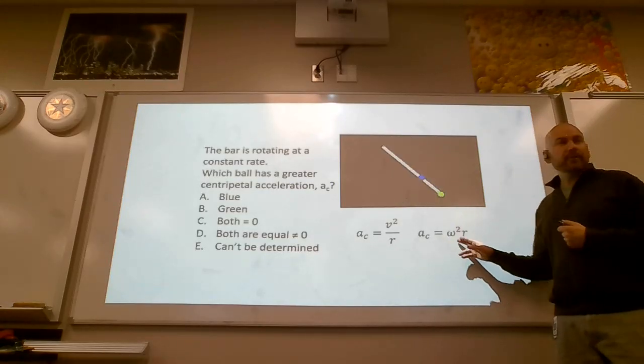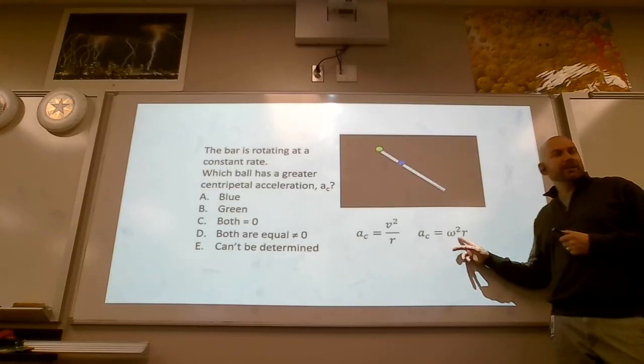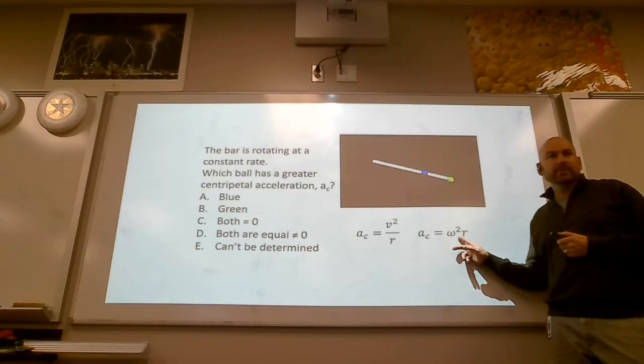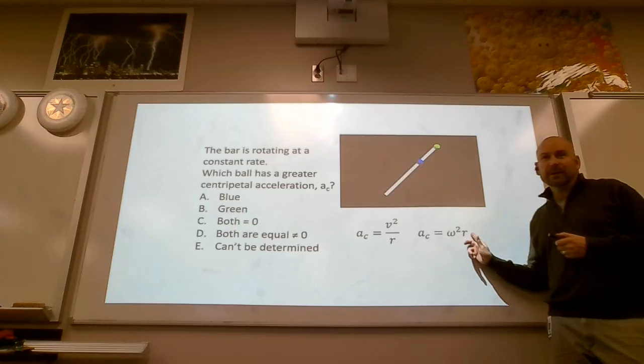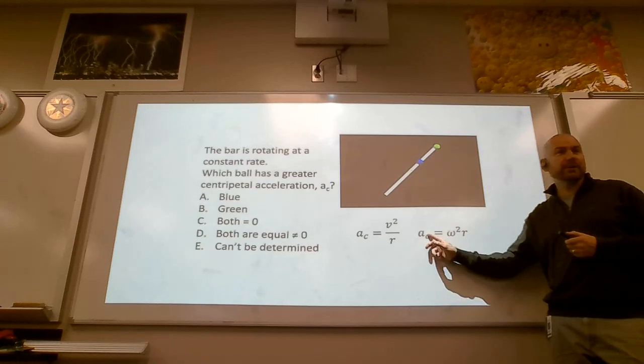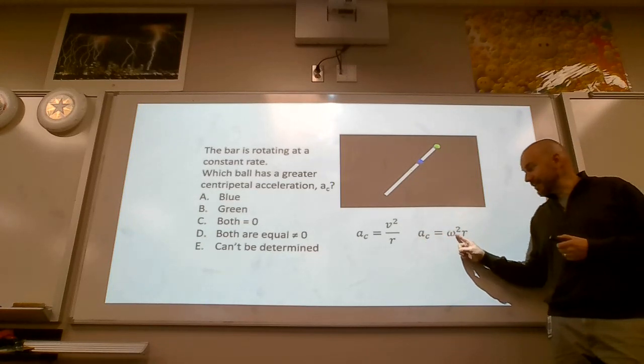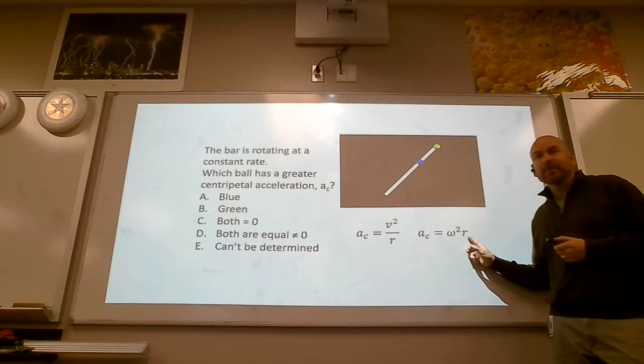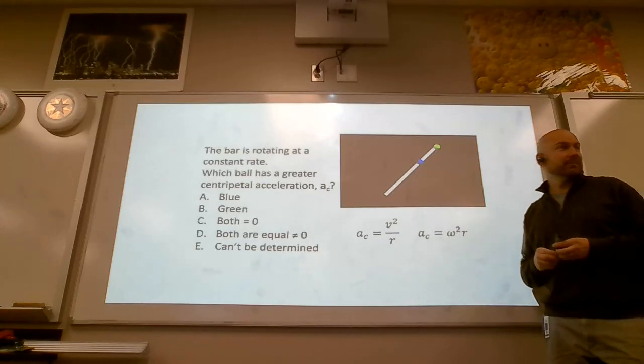So let's move over to this one. Which one has a greater rotational speed? They have the same. Which one has a greater radius? The green. Green has to have a greater centripetal acceleration because they had the same rotational speed, but green had a greater radius.